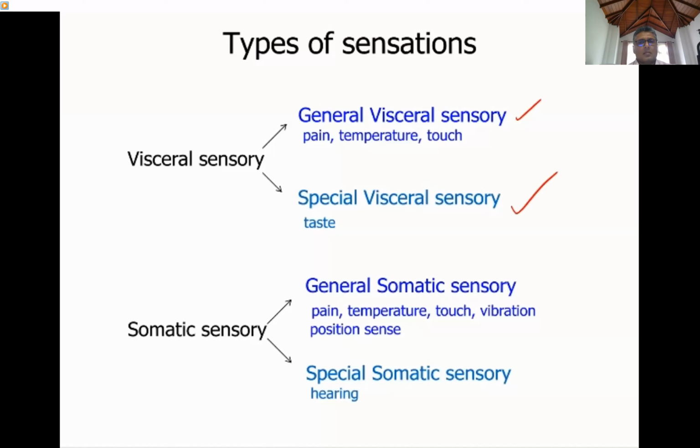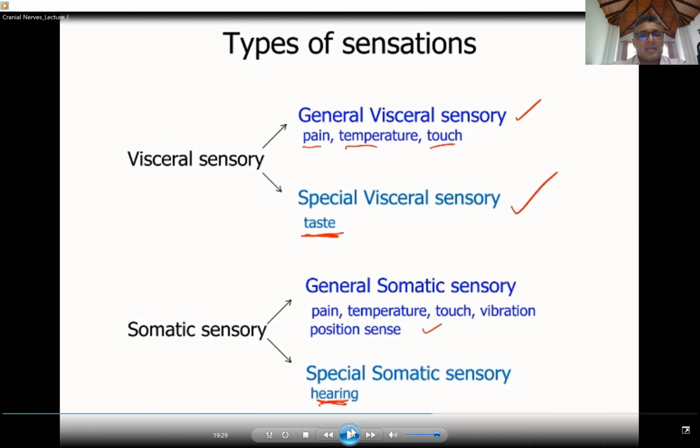The general visceral sensory component is pain, temperature and touch arising from internal organs, the visceral organs and blood vessels. And the only special visceral sensation is taste. Then general somatic sensations are pain, temperature, touch, vibration and position sense, and the only special somatic sensation is hearing carried through the vestibulocochlear nerve.